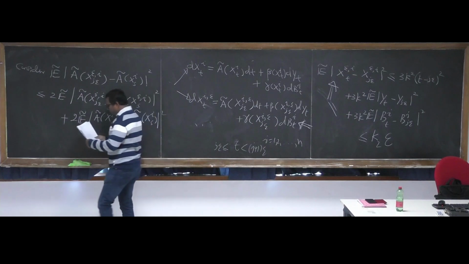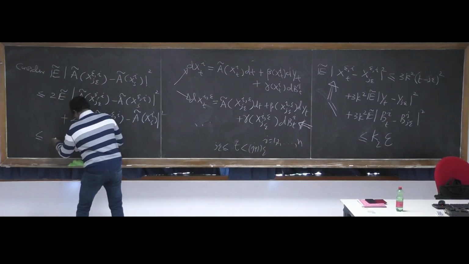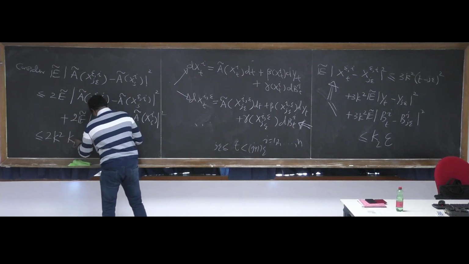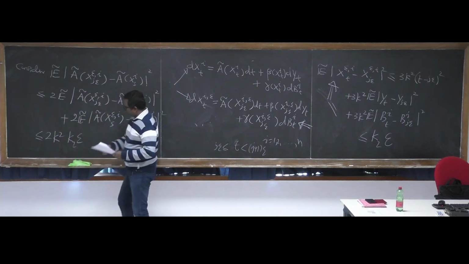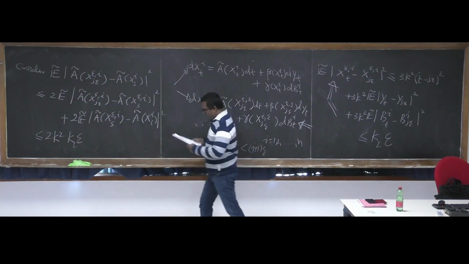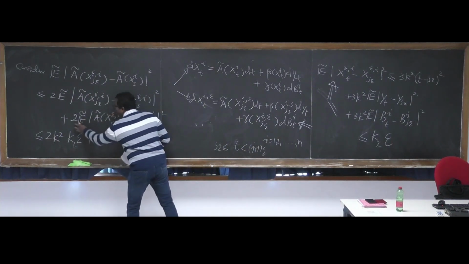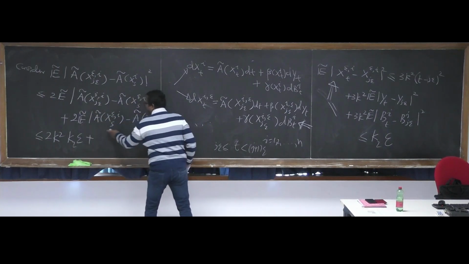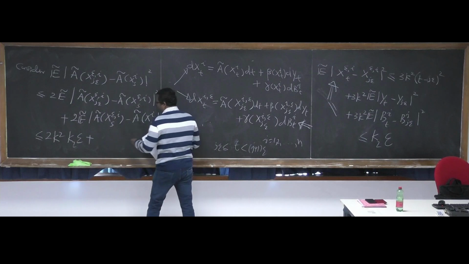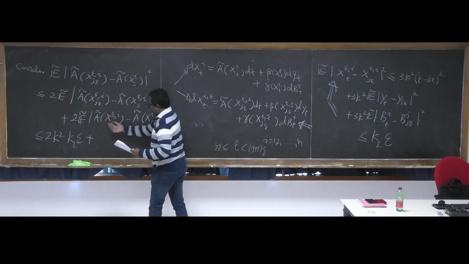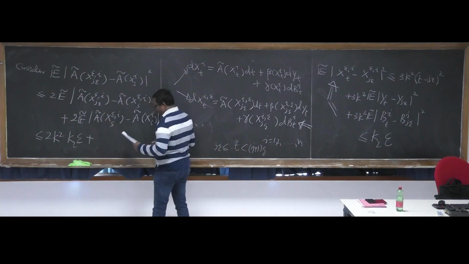So then you would get 2 times k squared k2 epsilon. Here k is the bound of our coefficient function. Plus, you bound this second term again using the assumptions on ã.